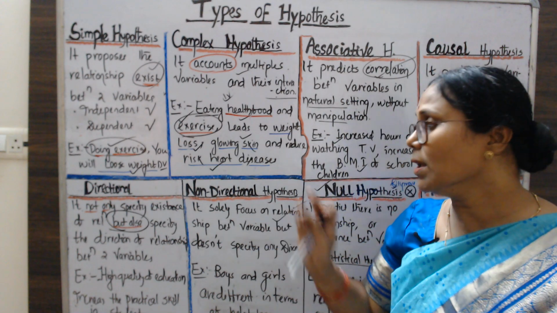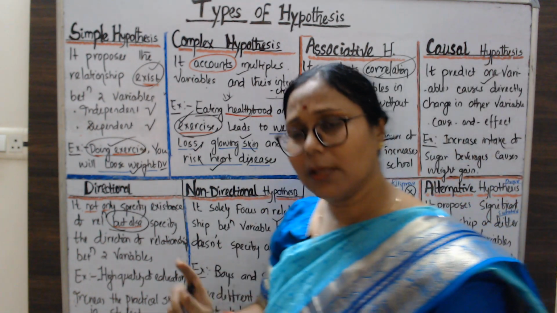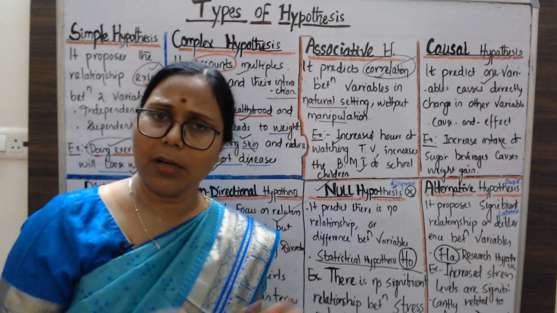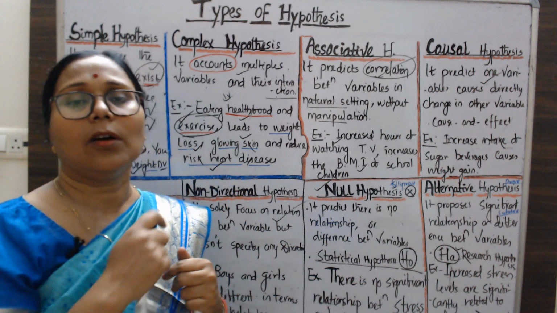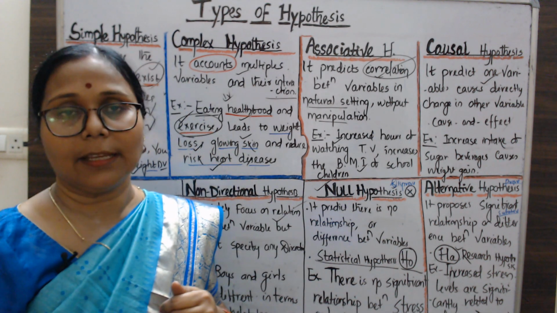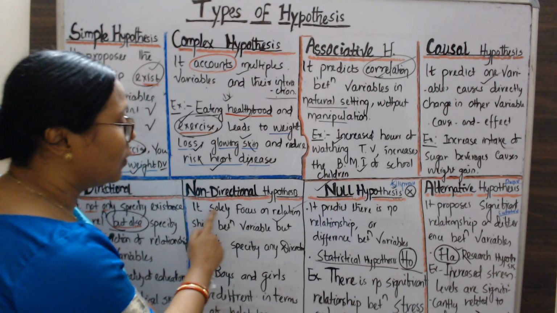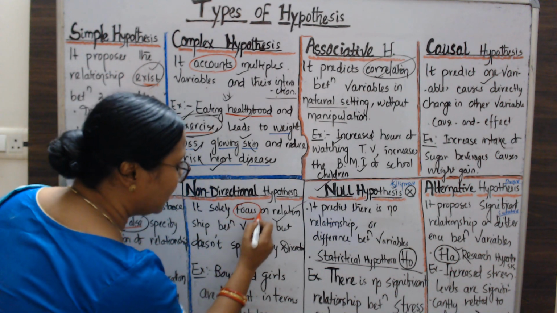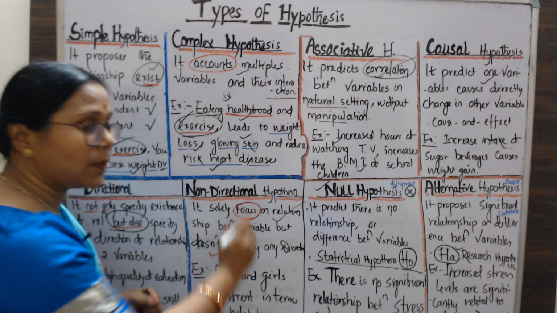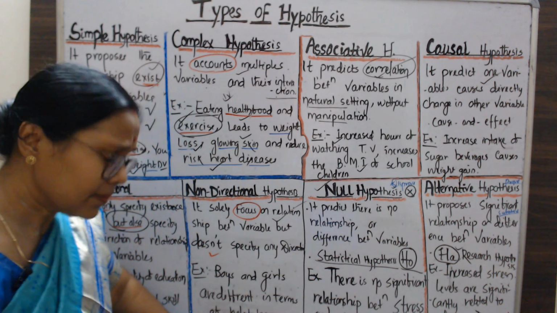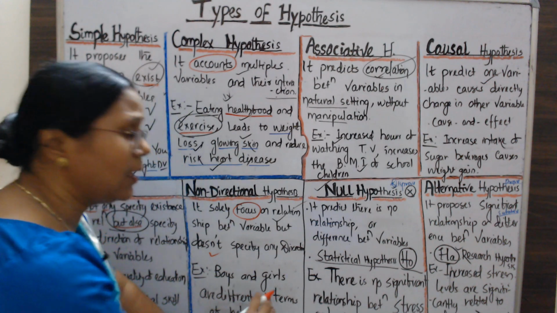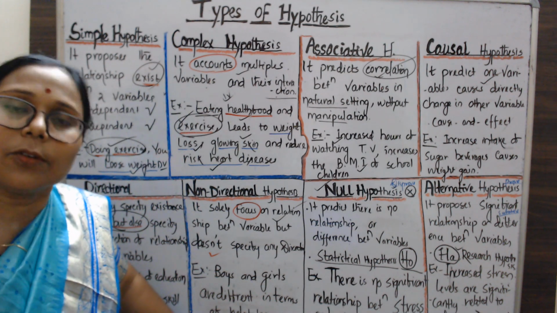Second one, non-directional. Here it only focuses on the existence of a relationship between variables, but doesn't specify any direction. Take an example: boys and girls are different in terms of their helpfulness.